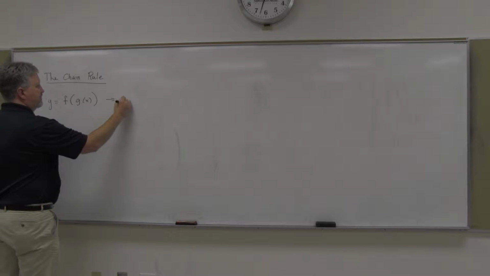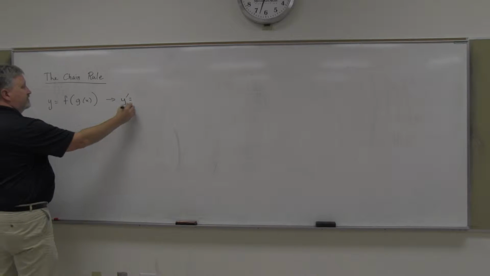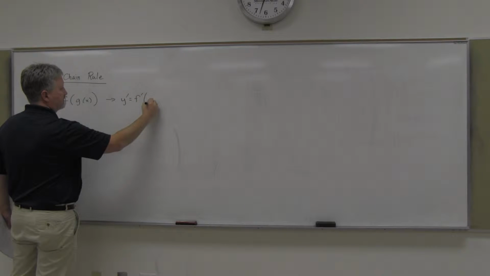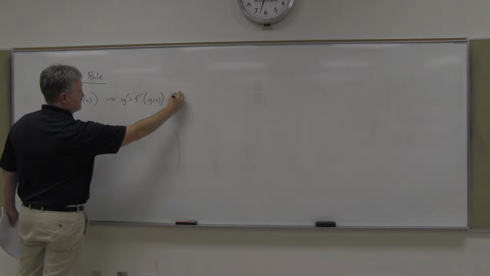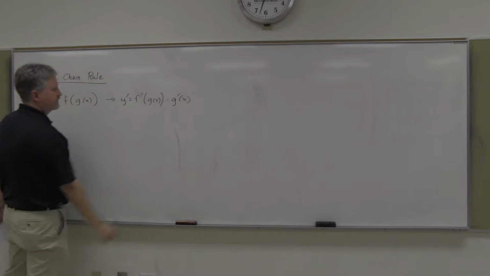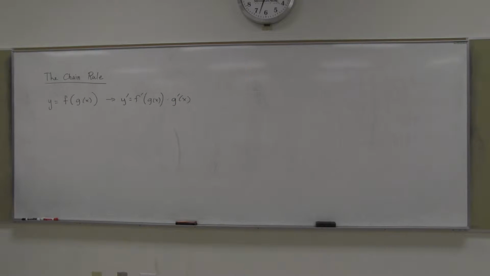What we saw was the derivative is: you do the derivative of the outside, keep the inside the same, and then multiply that by the derivative of the inside. That's sort of what we're going to do here, but let's look at it with a little different notation.